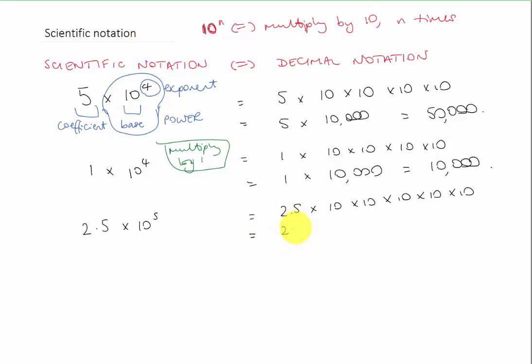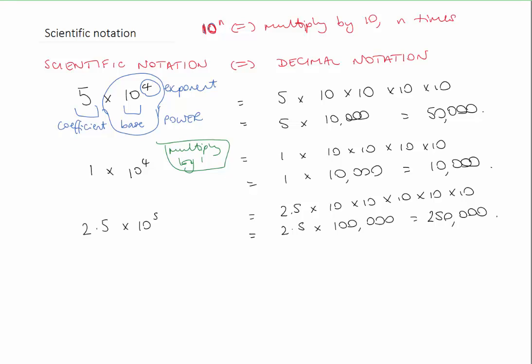And so that gives us 2.5 times 100,000, which is the same as 250,000. So having a number with a decimal place, not a round number, as the coefficient is fine and very common and useful.